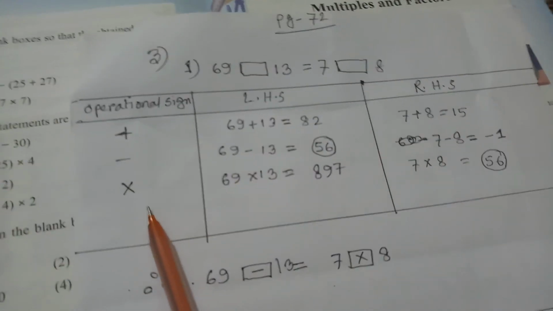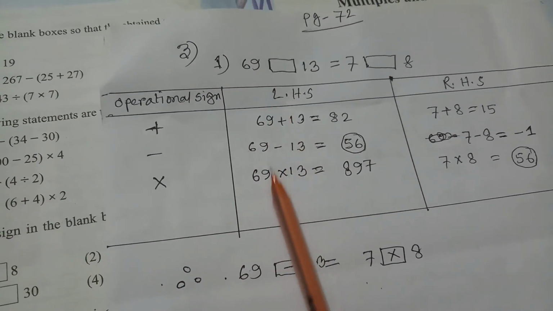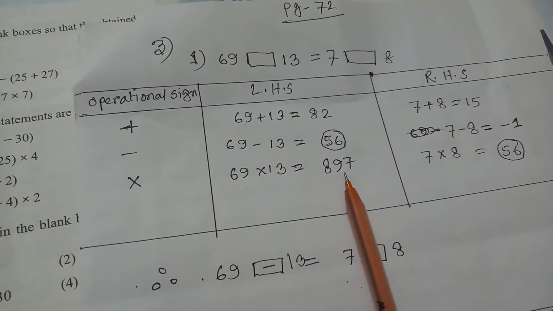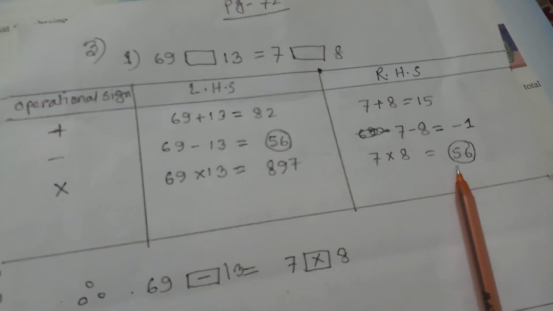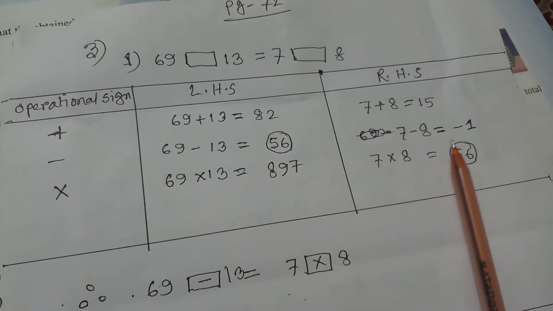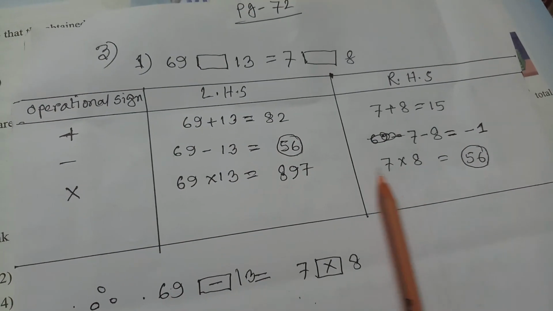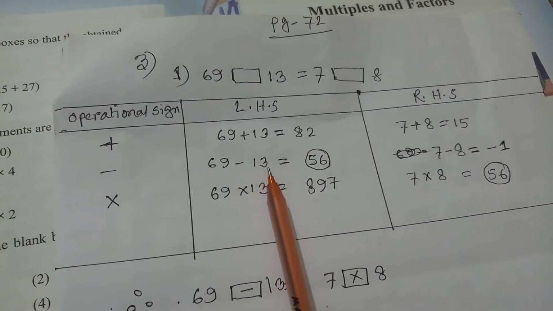Another operational sign is multiplication. Left hand side 69 multiplied by 13 equal to 897, and right hand side 7 multiplied by 8 equal to 56.